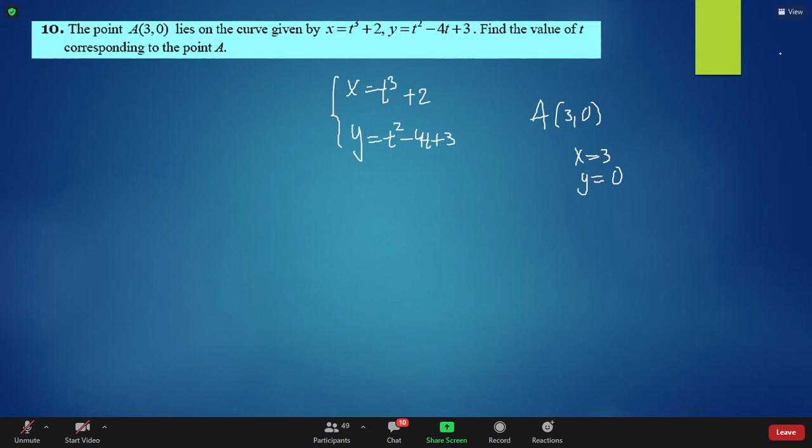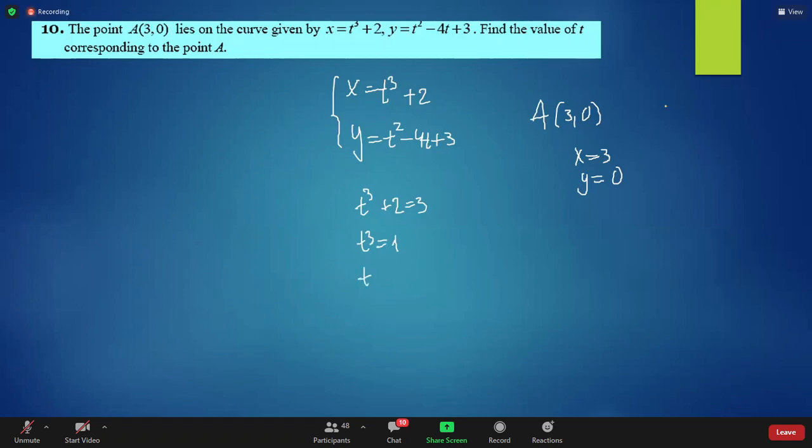If t cubed plus 2 equals 3, then t cubed equals 1, and t equals 1. There's only one real root. Yes, there are two complex roots, absolutely crazy numbers that are also cube roots of 1. But in this case, in real numbers, we have only one possibility from x.